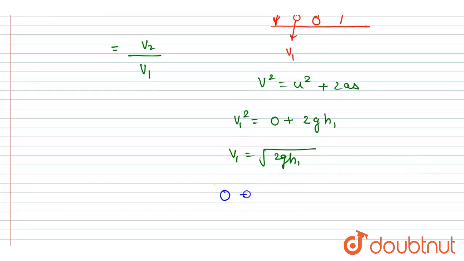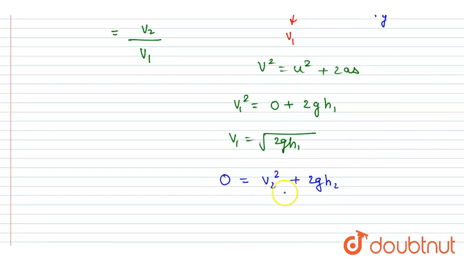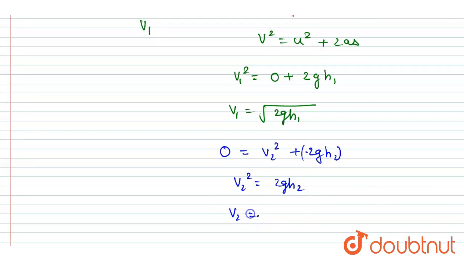So I will write final velocity squared is equal to initial velocity squared plus 2g h2. Here in the second case the g is acting downward and h2 is upward and velocity is upward, so a negative sign will come. So you will write v2 squared is equal to 2g h2, and from here v2 is equal to under root of 2g h2.